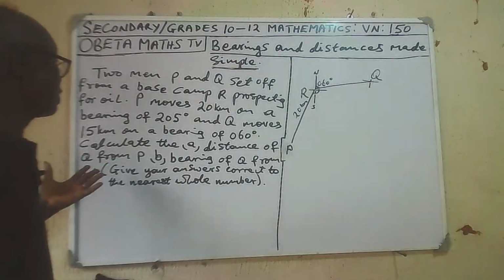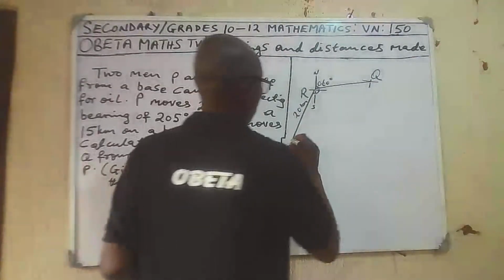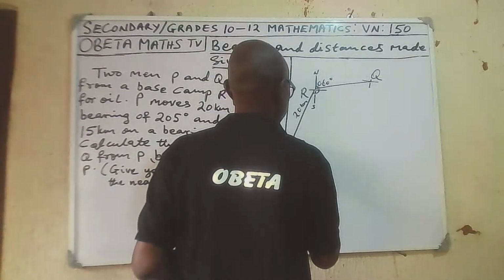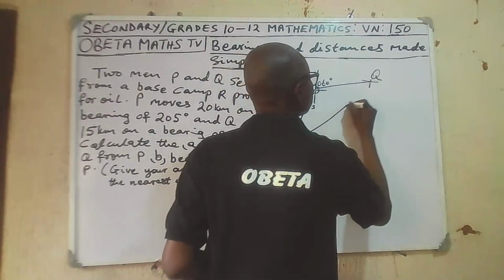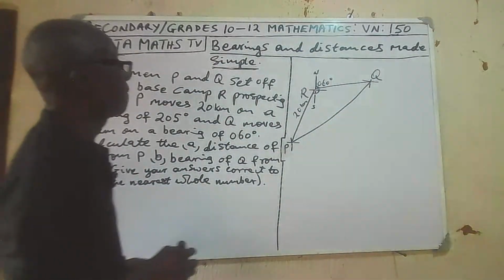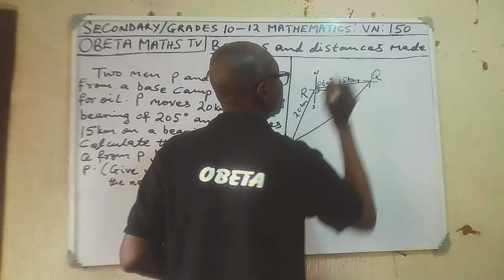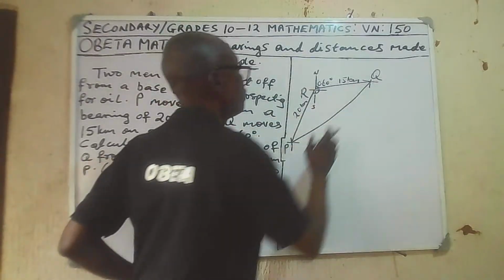Then the first question is calculate the distance of Q from P. In other words, we are to join, so we join this. So this is our 15 kilometers, and then we are now looking for QP.